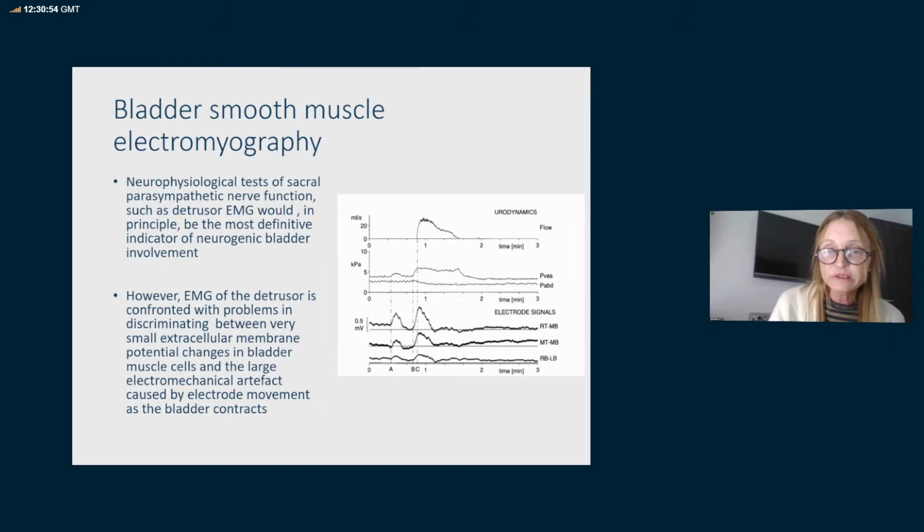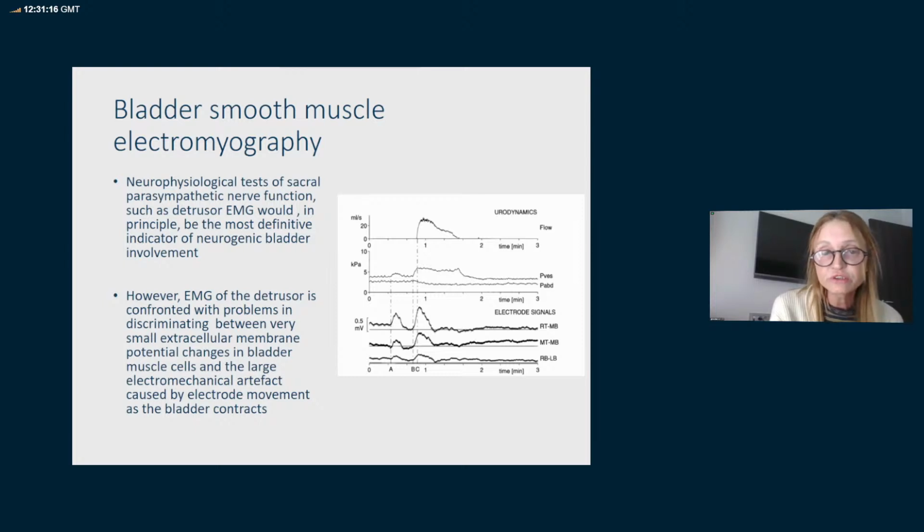Many years ago, Matti Kinder published a recording of EMG of the detrusor during urodynamics. And what he found was that during detrusor contraction, you have a nice increase in the EMG activity of the detrusor during bladder contraction.